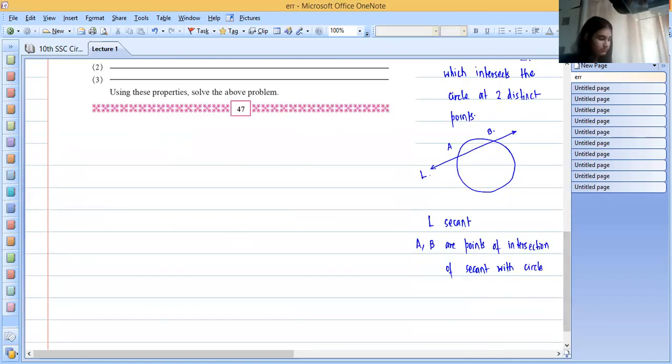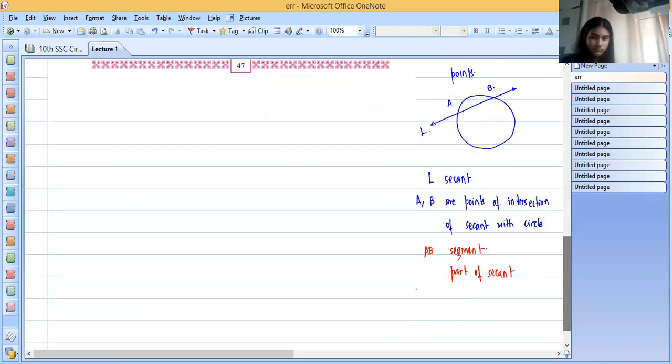So if you observe, AB is a segment, and AB is part of the secant. And AB is called the chord of the circle.